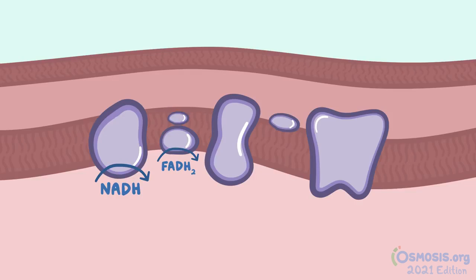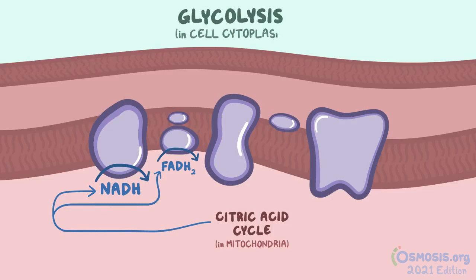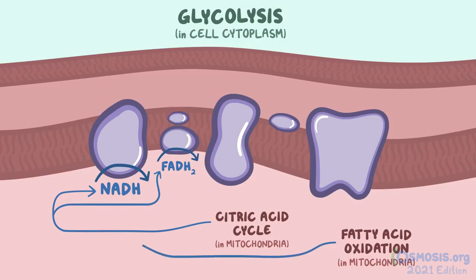NADH and FADH2 are primarily generated in the citric acid cycle, which happens in mitochondria, but they can also come directly from glycolysis, which is the breakdown of glucose in the cytoplasm of the cell, as well as fatty acid oxidation, which is the breakdown of fats in mitochondria.